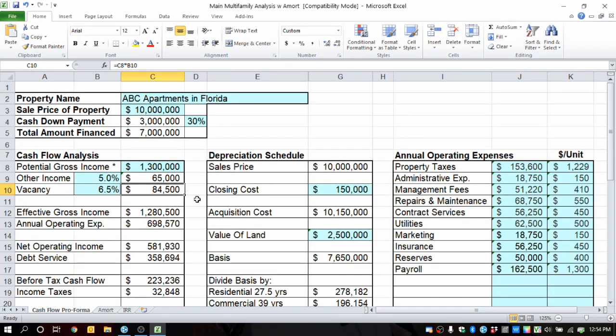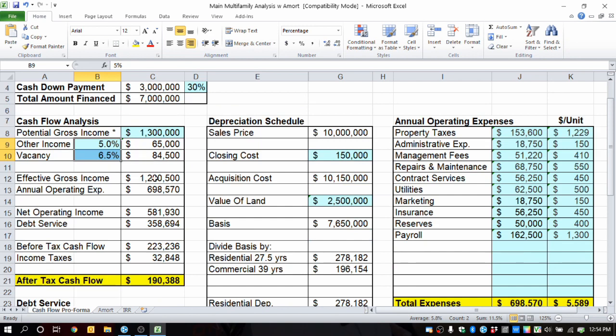Let me set up the scene so I can prove why cap rates are meaningless. We've got a $10 million property that we're borrowing 70% on, $1.3 million in gross income. Here's the other income and vacancy. So this all equates to a net income of $582,000 with these expenses.